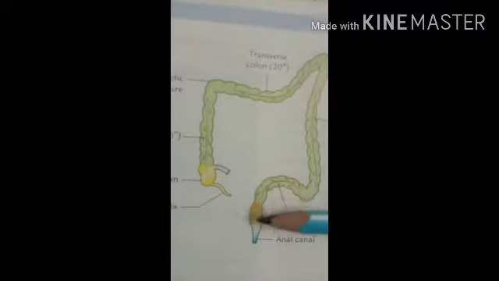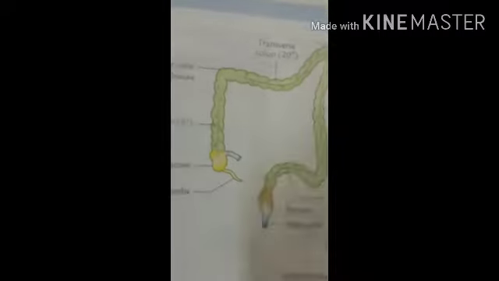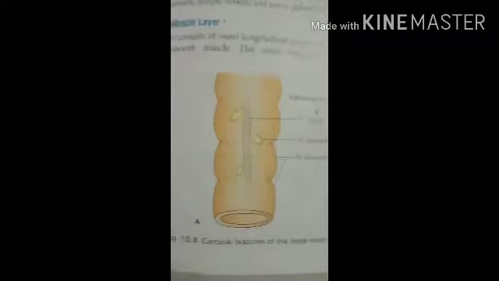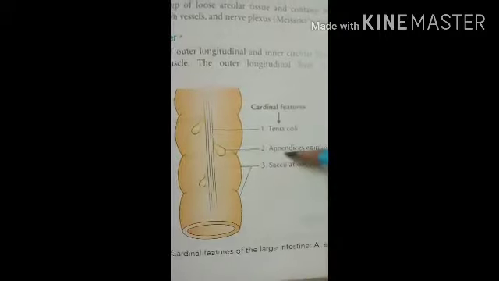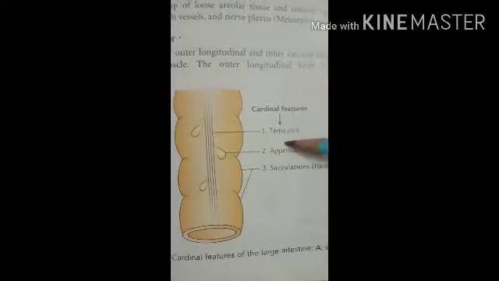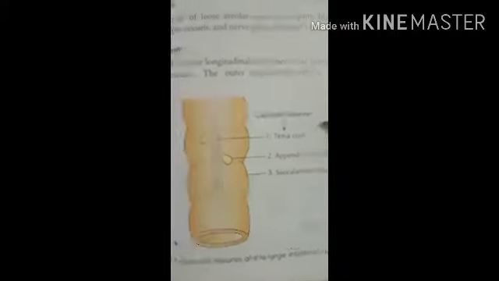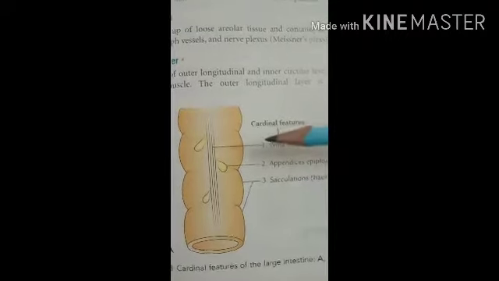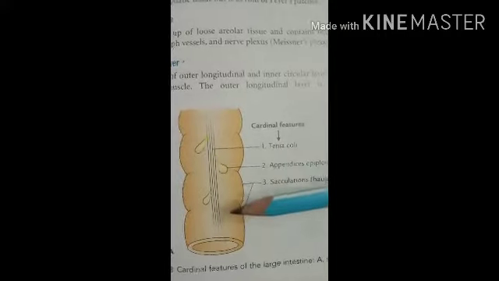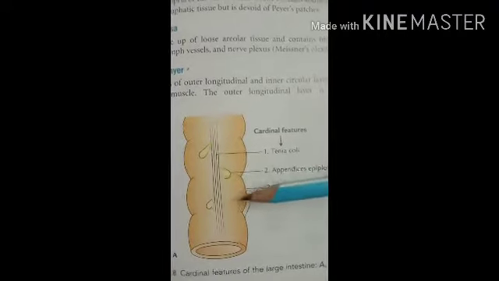These three ribbon-like bands are called the taenia coli. In another diagram you can see this is called the taenia coli, and proximally the taenia coli covers the base of the appendix.